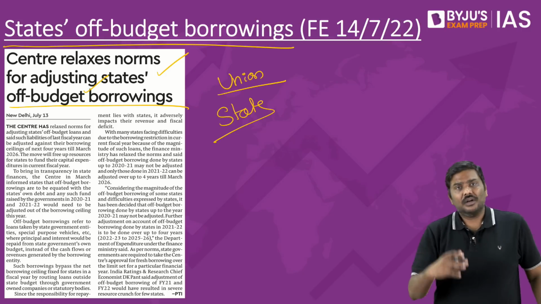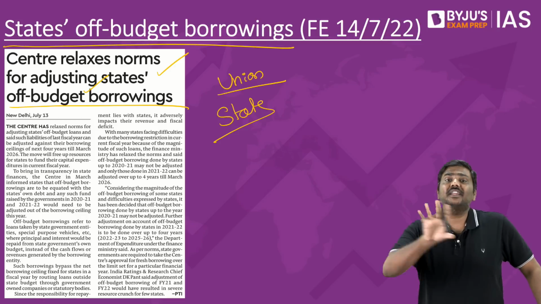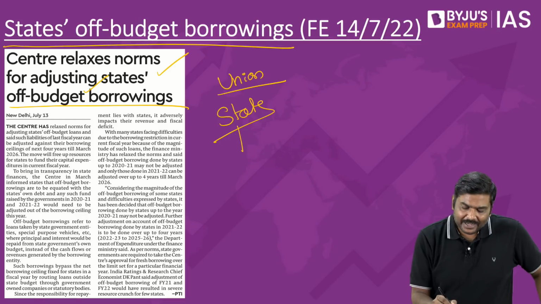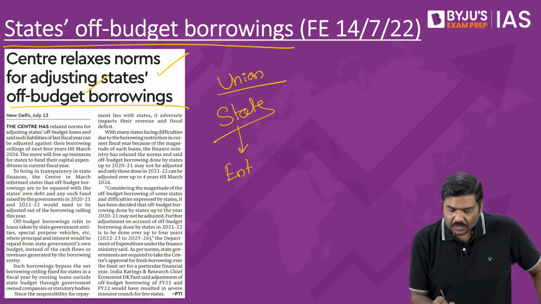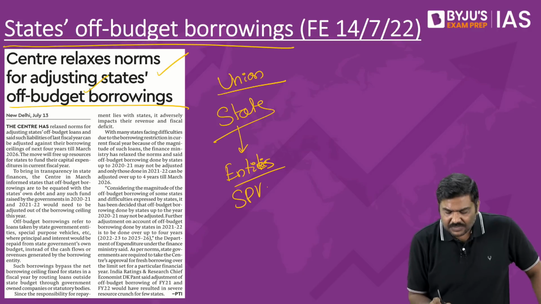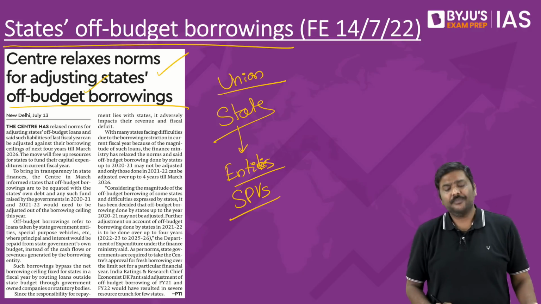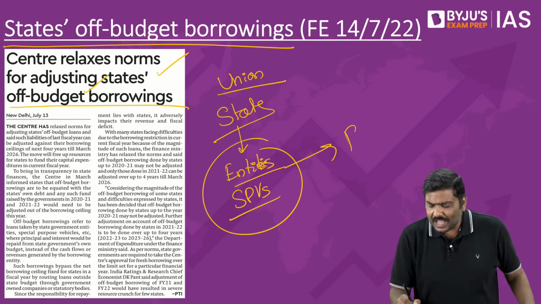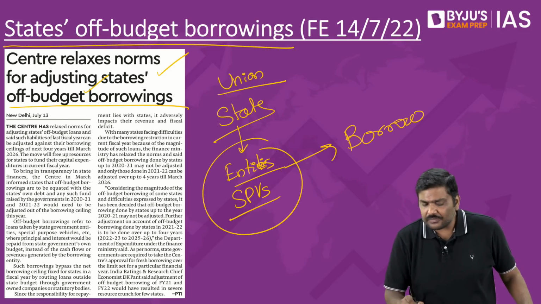But apart from the union and the states, the entities owned by the government, either the central government or state government, or the special purpose vehicles owned by them, will borrow certain amounts of money on behalf of the governments.